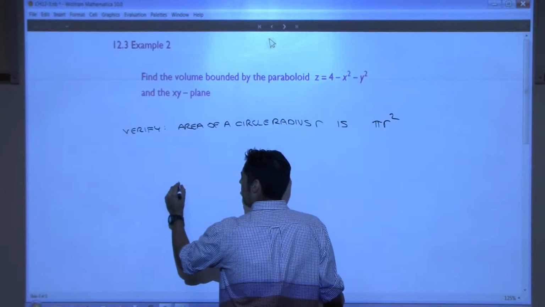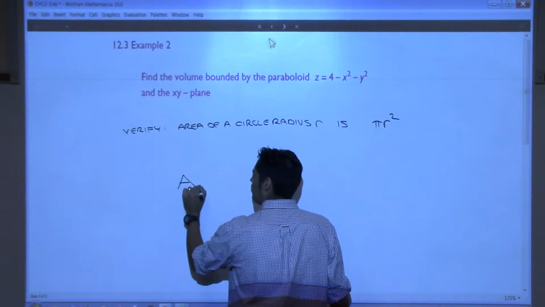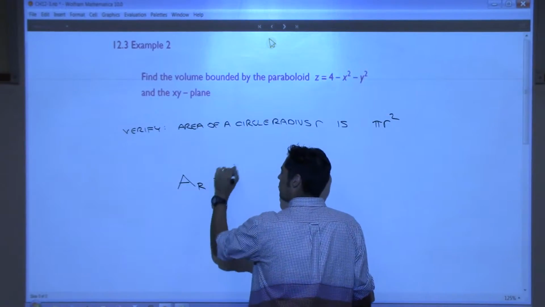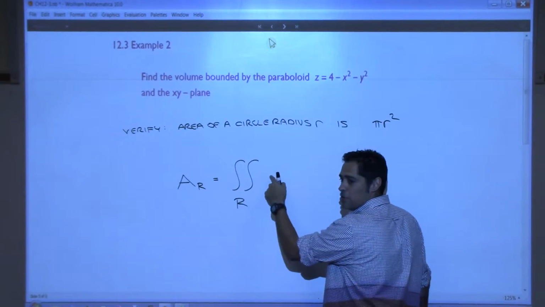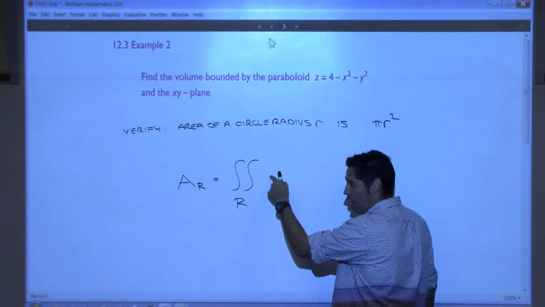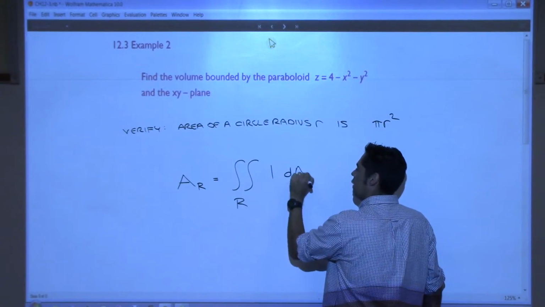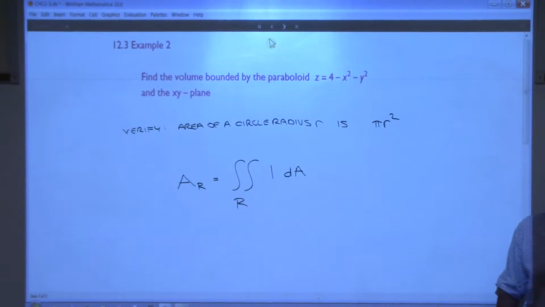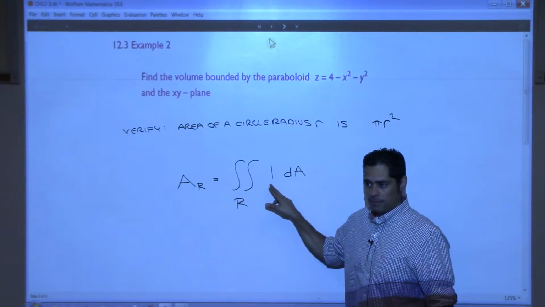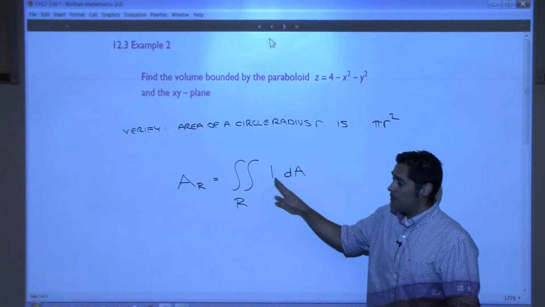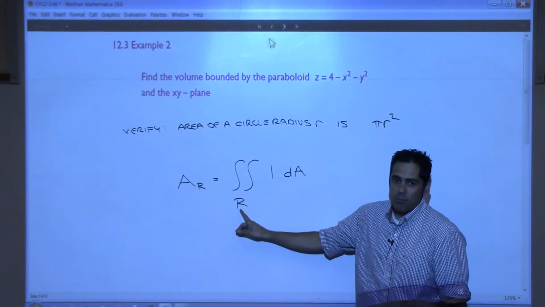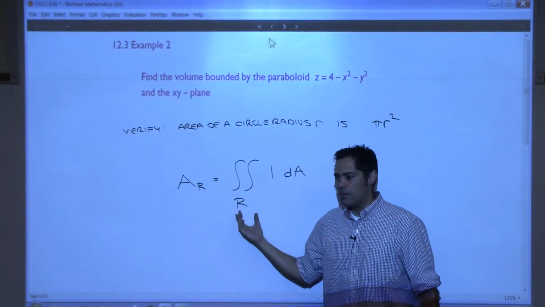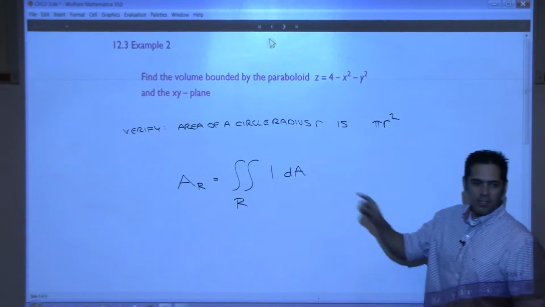If you want to find the area of some region, capital R, it's equal to the double integral over the region of what function? 1 dA. I told you in class last time that if you replace the function in here with 1, then the double integral of the constant 1 function over some region R is actually equal to the area of that region. Let's use that right now.